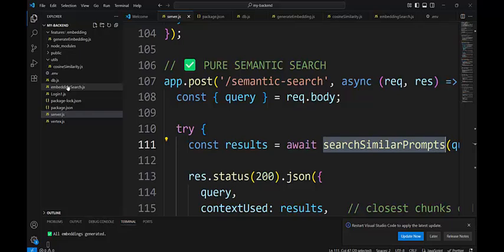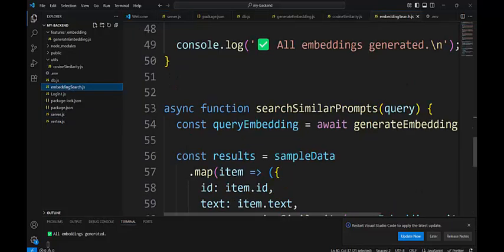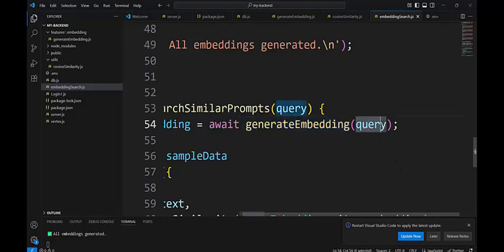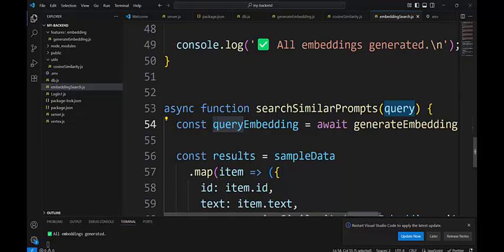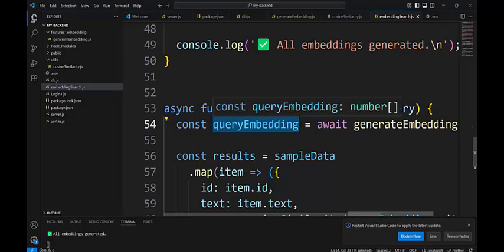And in embedding search, search similarity prompts, we again call generate embedding, but only for the prompt. Only for the prompt. Here is a query. And the new object, query embeddings, is only one vector for the prompt. And we have four vectors for data in memory, ready.